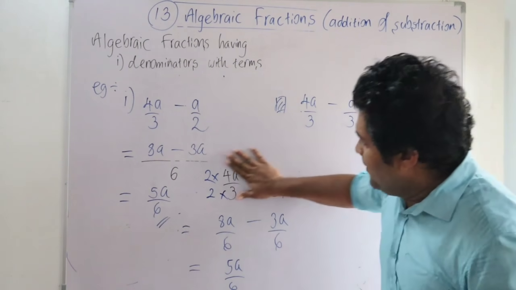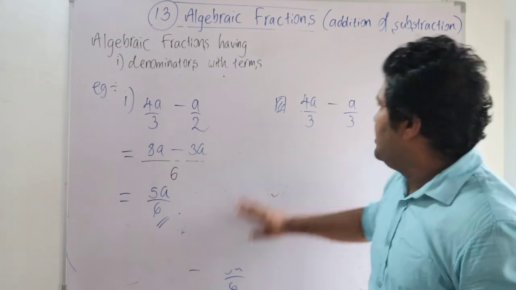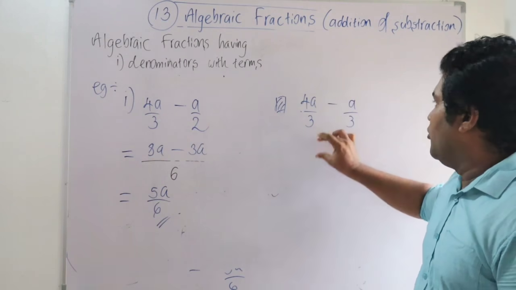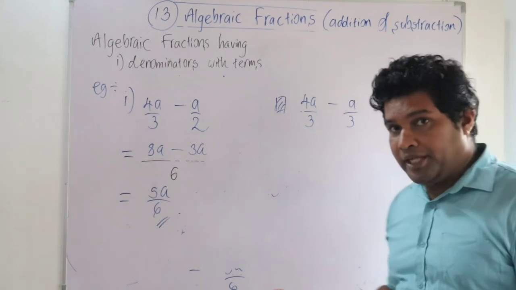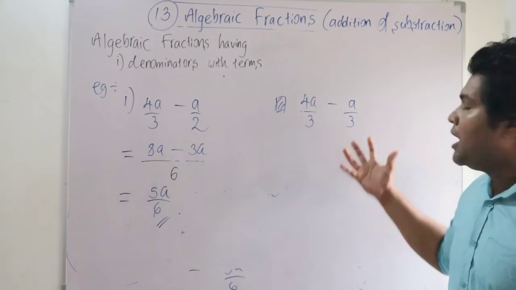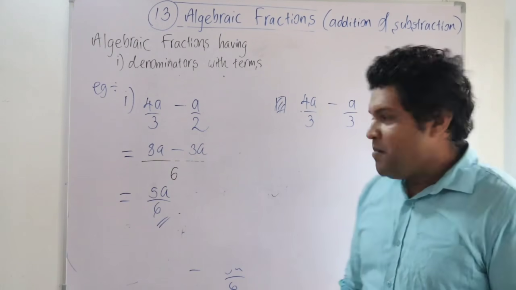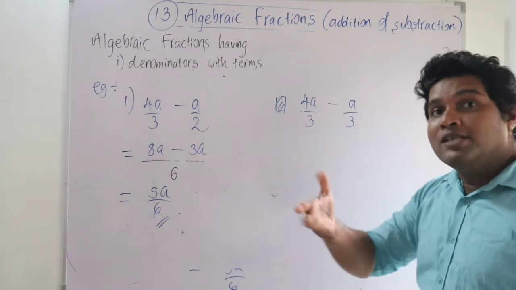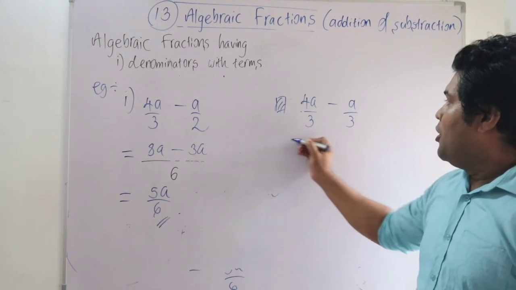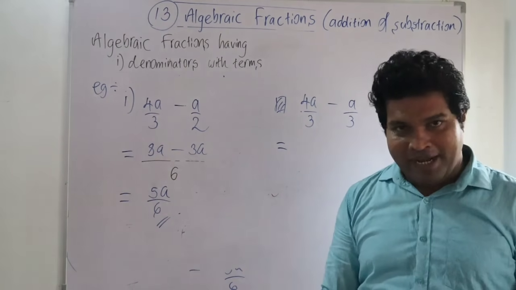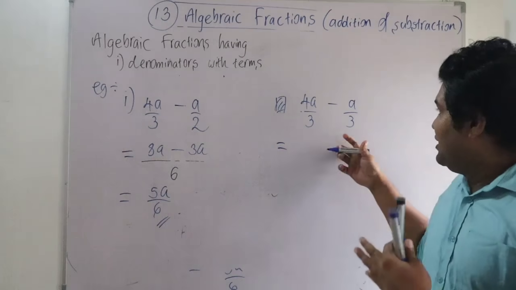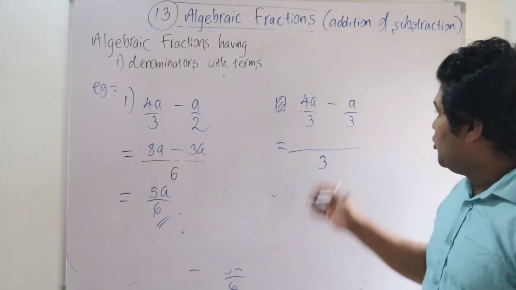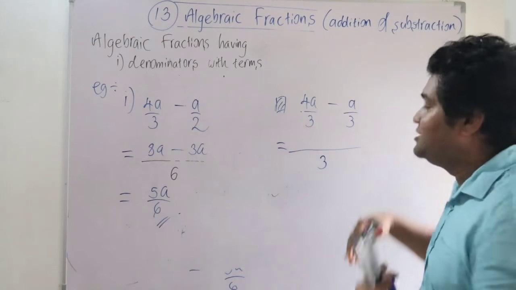Okay, now I'm going to give a similar question regarding this. 4a over 3 minus a over 3. Now there's no trouble with the denominators, because the denominators are the same. Therefore you don't worry about the denominators, because we have friendly denominators, the same denominator, so no enlargement, 3 is 3.